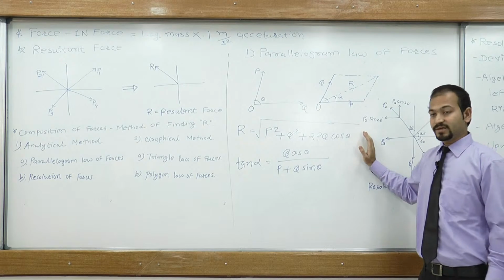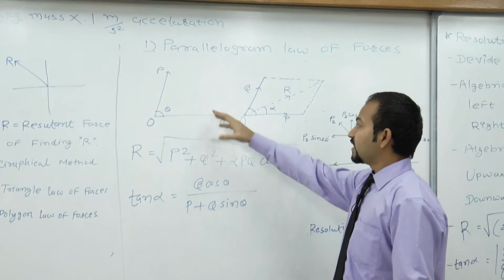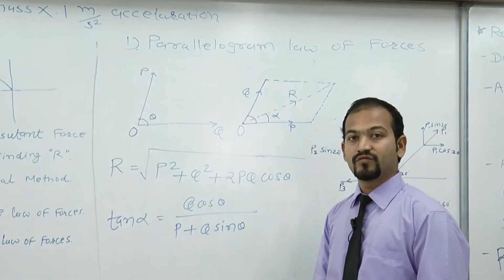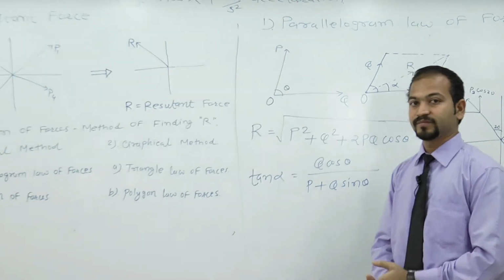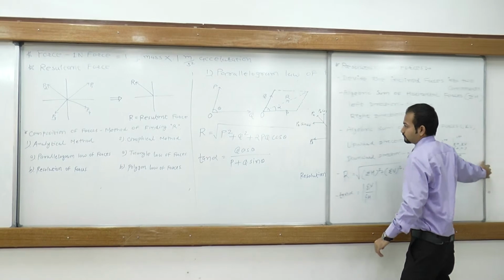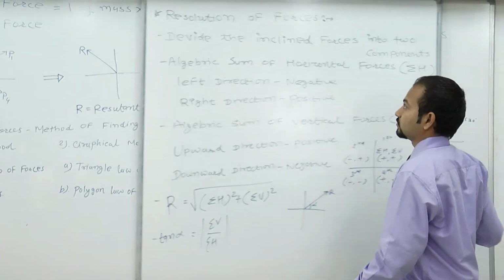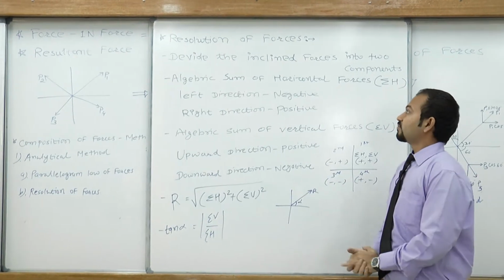We discuss it later. The second method: if more than two forces act on a particle and we have to find the resultant force, then we use the resolution of forces method.